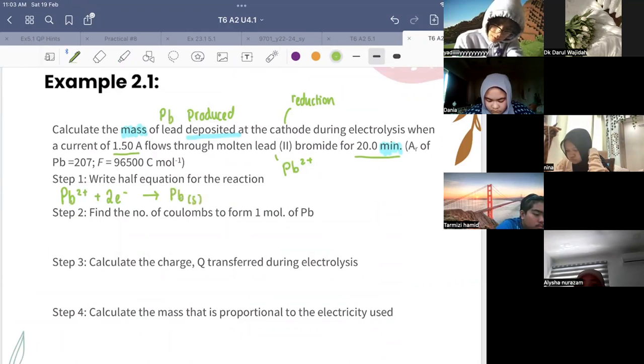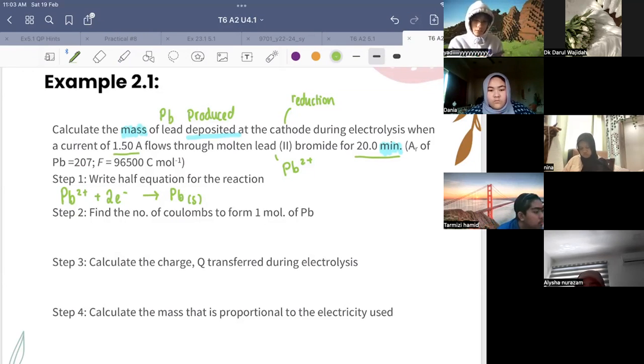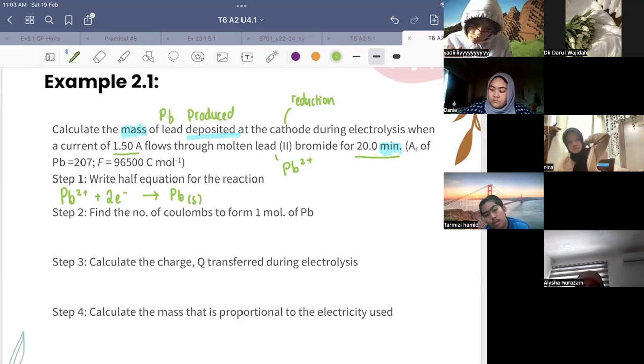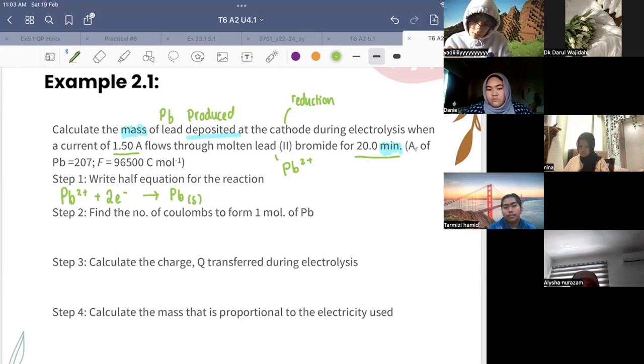Now, when you write down the half equation, you should use an irreversible arrow. Do not use the equilibrium reversible arrow. Based on this half equation, we find the number of coulombs to form 1 mole of Pb.